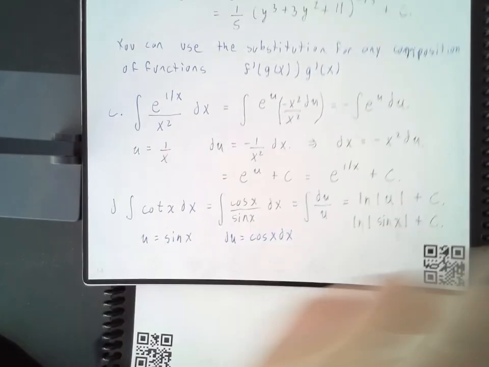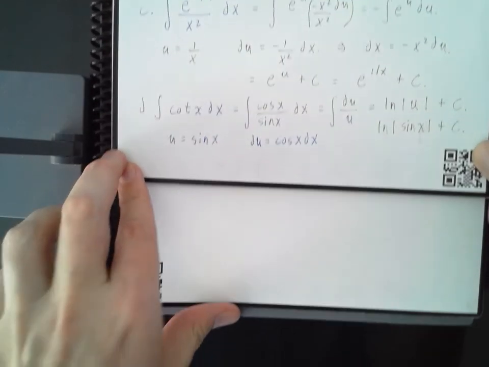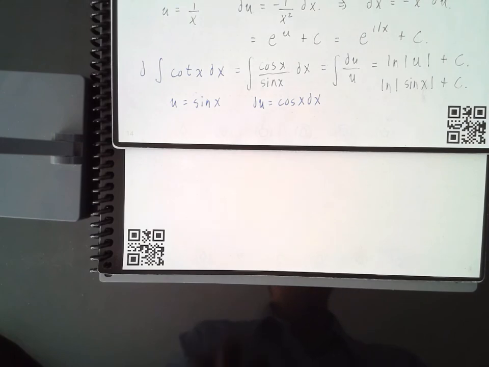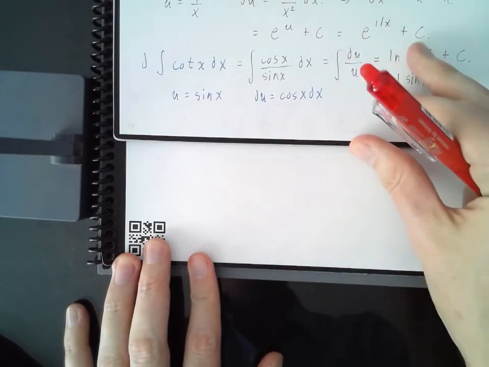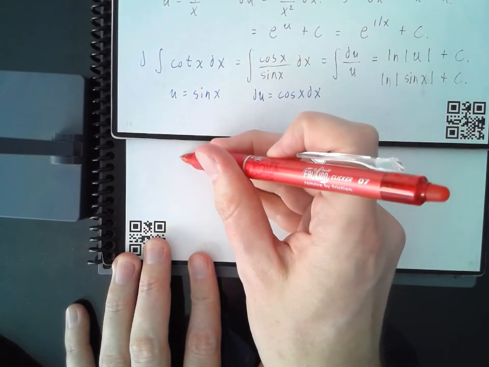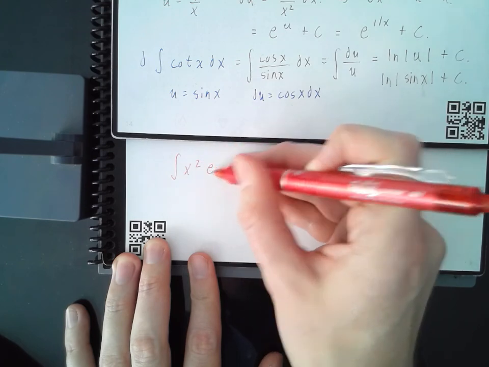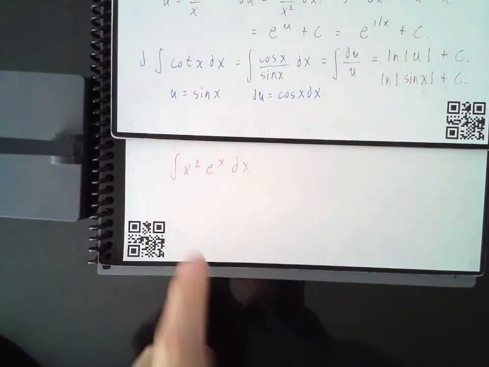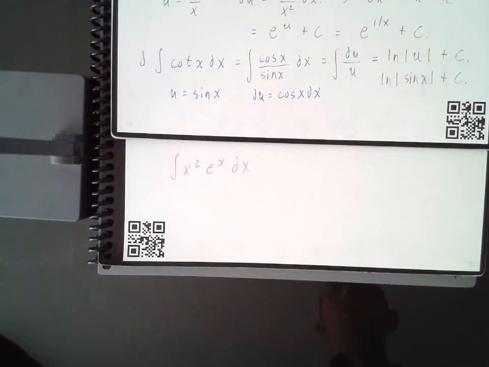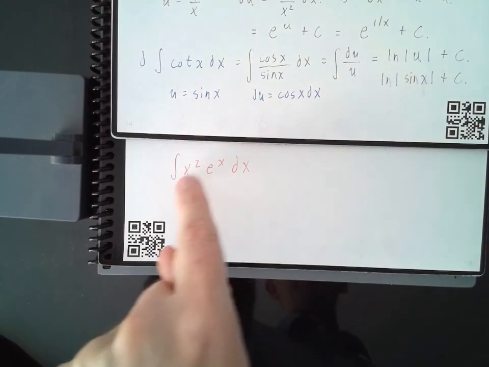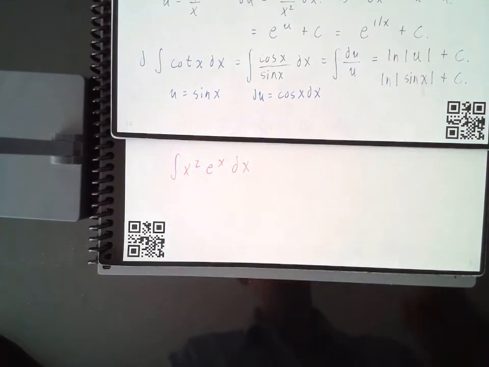Now, just as a warning, we have to be careful with this rule because this rule is very powerful, but you are not going to be able to use it if you want to integrate functions like this. With this one, the substitution rule doesn't work because the derivative of x is 1 and over here we have an x squared.